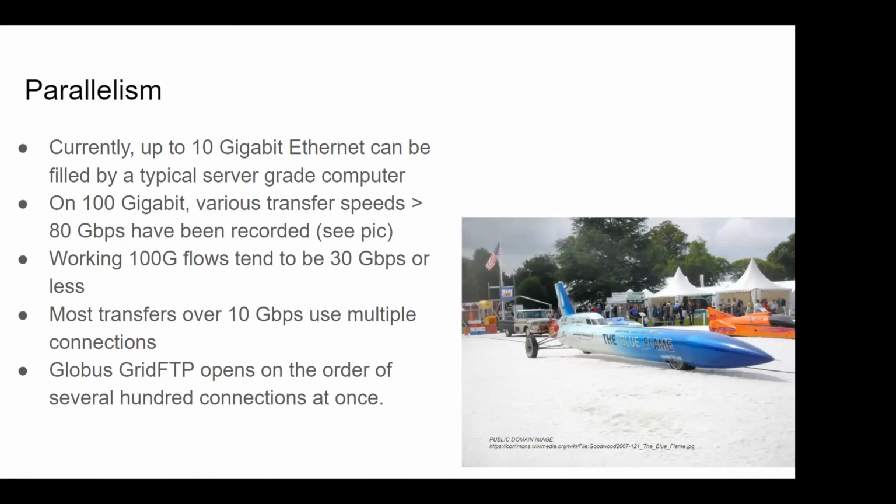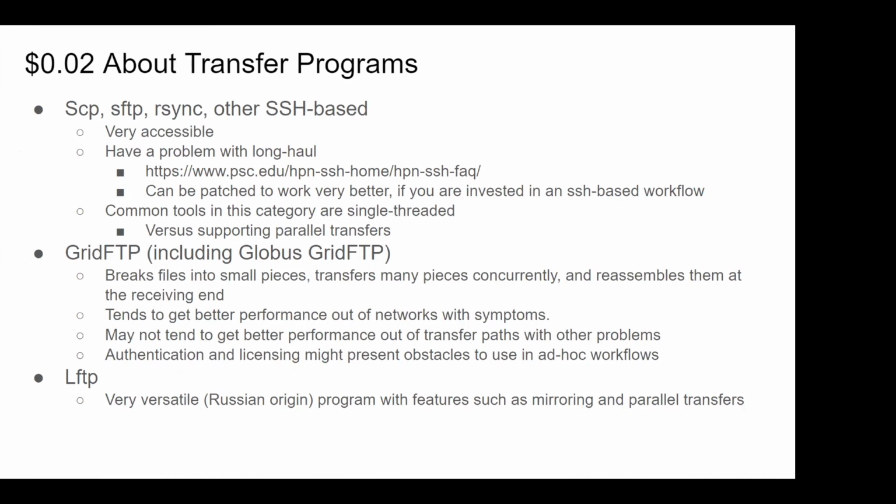Everything was lined up just perfectly. More likely you'll see 30 gigabit per second flows between 100 gigabit interfaces on a typical day. Most transfers over 10 gigabits per second use multiple connections. Globus GridFTP opens on the order of several hundred connections at once.